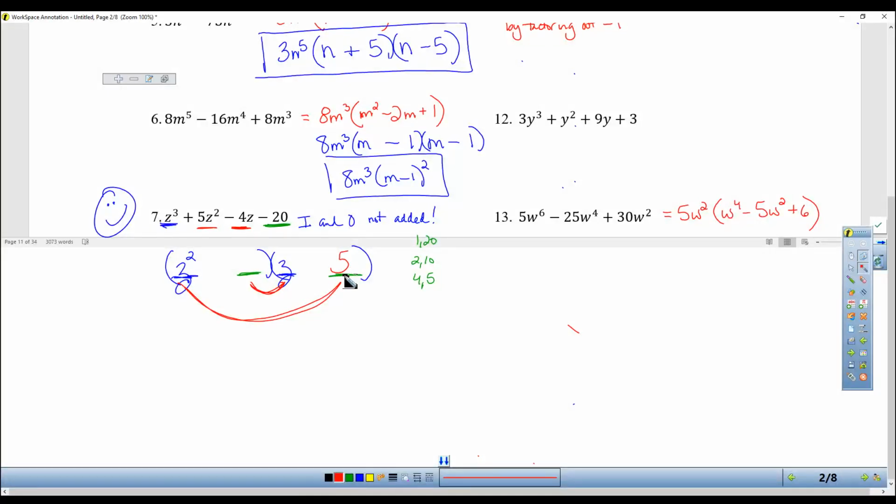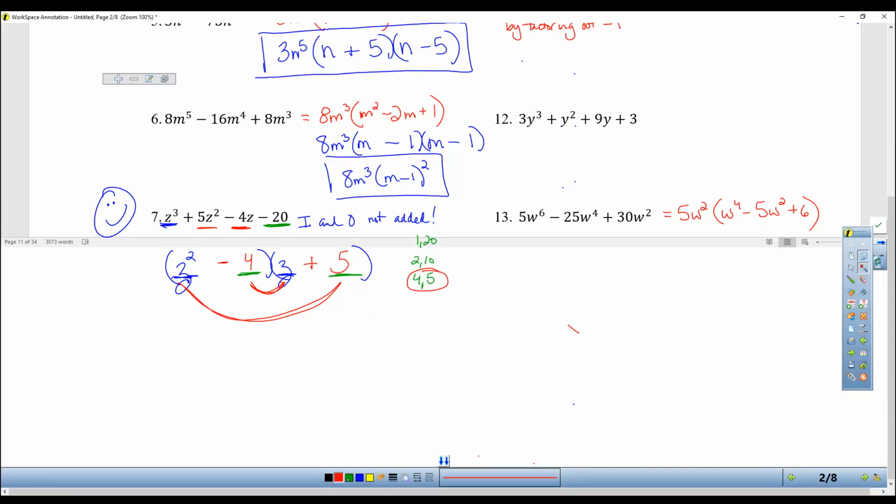Well, if that's a 5, then I must be using this, which means the other half must be a 4, which is perfect because 4 times z is what you want. Actually, negative 4, which is even better because negative 4 times 5 makes negative 20. So that 5 is going to be positive. So don't be intimidated by 4 terms. Be happy. There's less guessing and checking and more just making it fit.